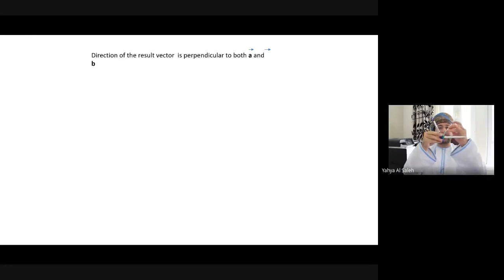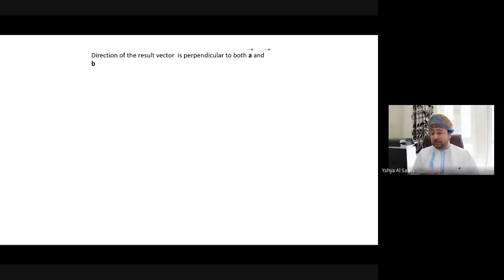It cannot be at any other angle because it would not satisfy the condition that it be at 90 degrees to both of them. Okay, so it cannot be this way because it's only 90 degrees to this blue pen, but not to the white pen. Okay, it has to be at 90 degrees to both of them together. This way or this way.